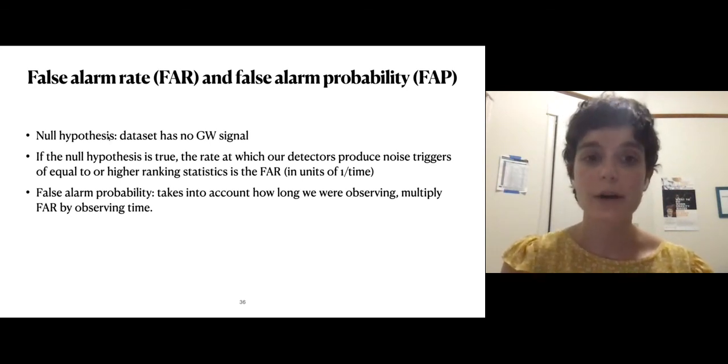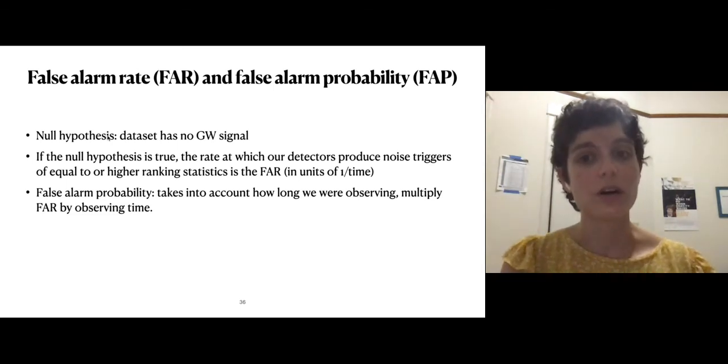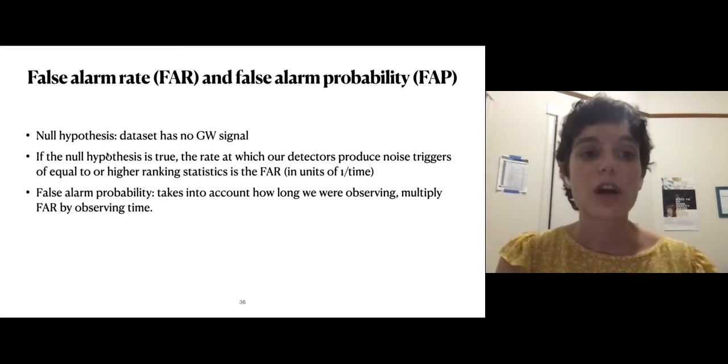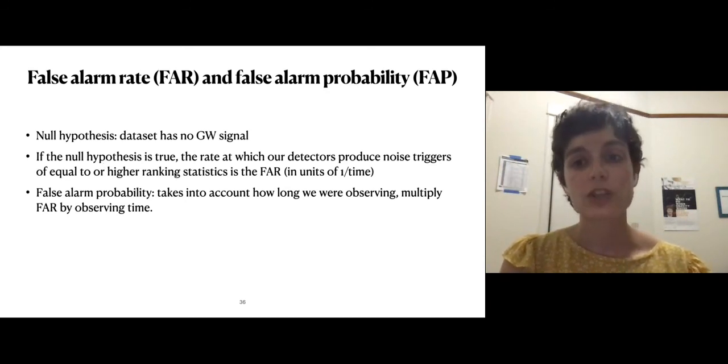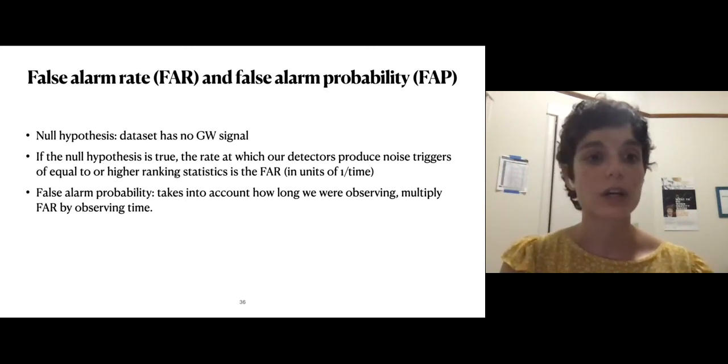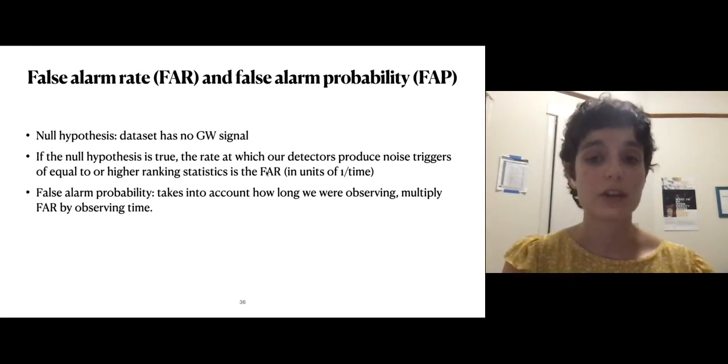We have a null hypothesis, which is that the data set has no gravitational wave signal. And the false alarm rate is, if the null hypothesis is true, the rate at which our detectors would produce a noise trigger of equal or higher ranking statistic.